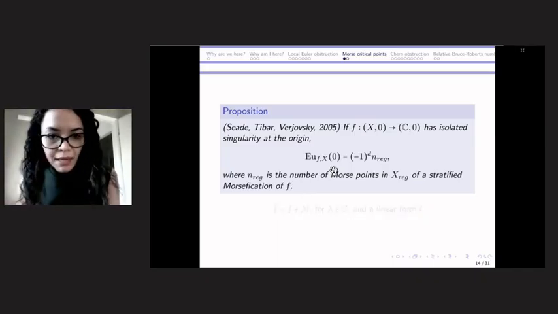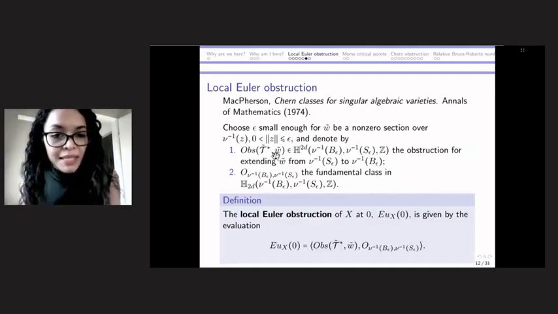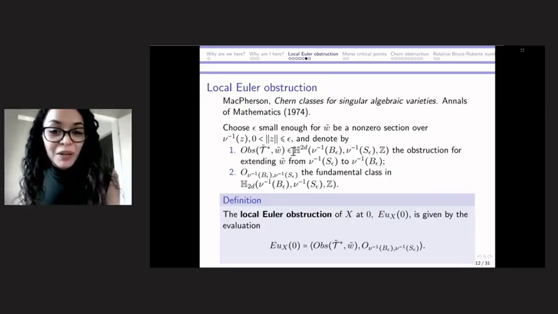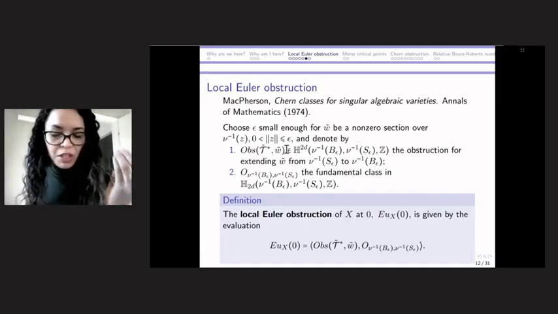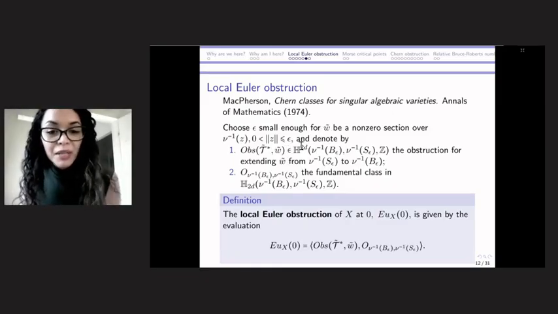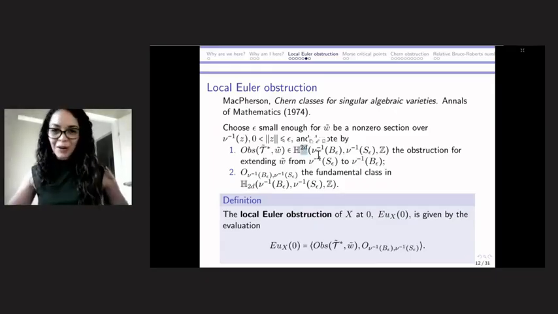And that is because this is the setting of the local Euler obstruction, but believe me that once we have the function, the obstruction cocycle associated to the function f is also in this cohomological group. So we are in the top one, okay?